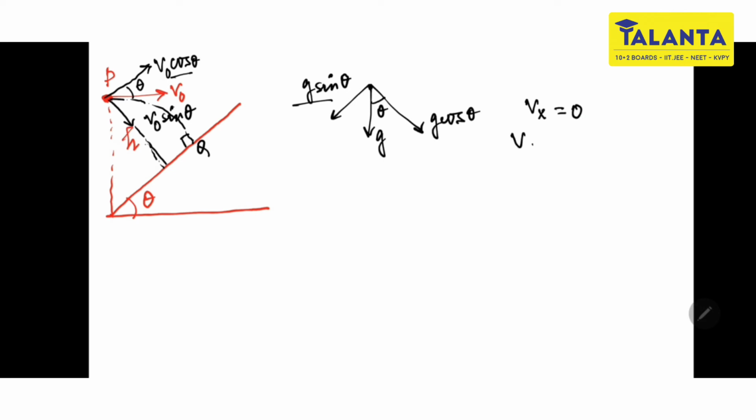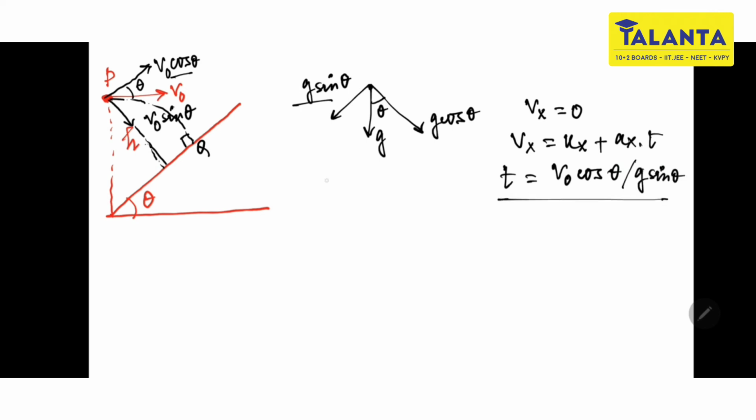So Vx equals Ux plus Ax into t. Now by putting the values of Ux and Ax, we get the value of t as V0 cos theta by g sin theta.